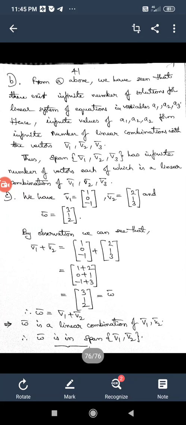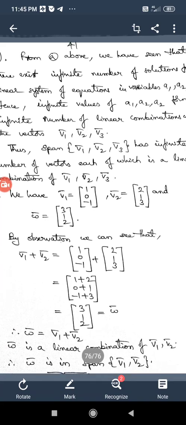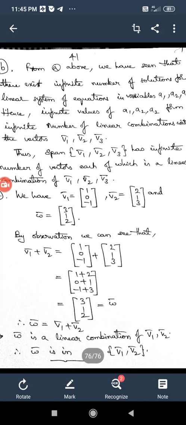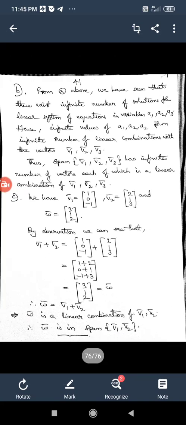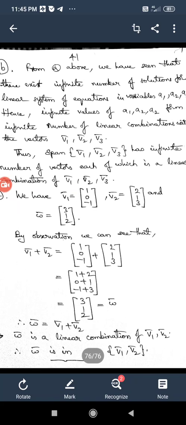That means there are infinite number of linear combinations with the vectors v1, v2, v3. If a1, a2, a3 can take infinite number of values, we can say that there exist infinite number of linear combinations of the vectors v1, v2, v3.